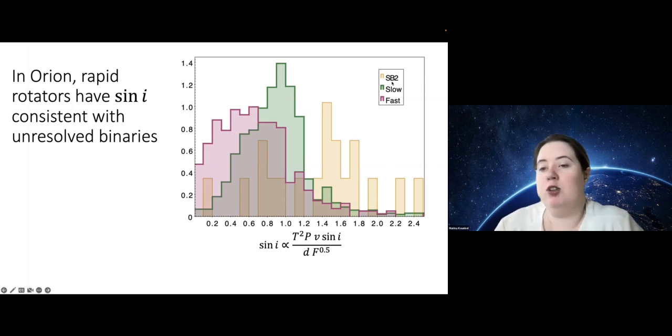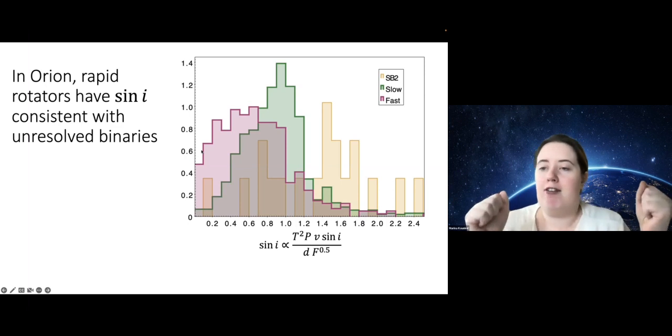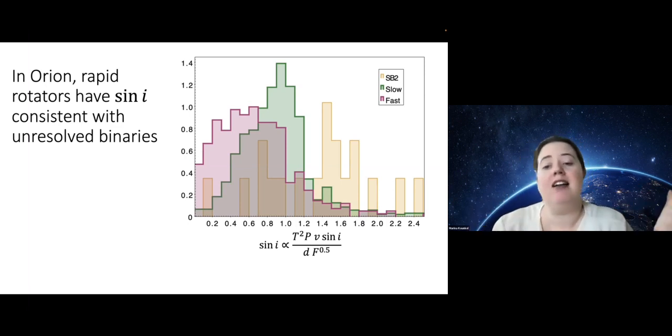Now, if we also compare double-lined spectroscopic binaries, they tend to have very large sin i's. That's because for them, the v sin i isn't really accurate, since it doesn't measure the rotation of the individual stars, but is rather broadened by the orbital velocity of the system. So here, these sin i's are also inaccurate because of the excess v sin i. But here, these fast rotators are far enough apart that it doesn't impact their v sin i, but their fluxes are overestimated.